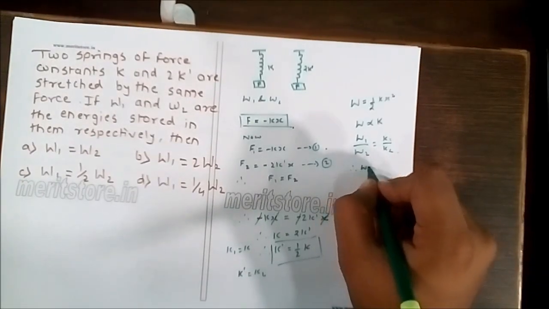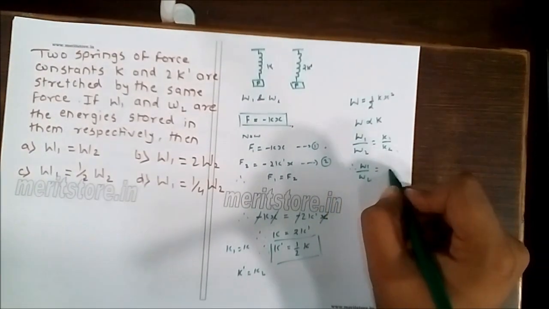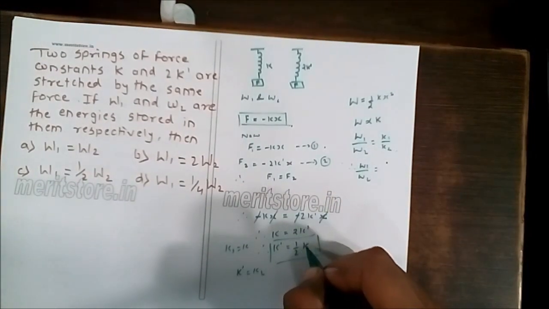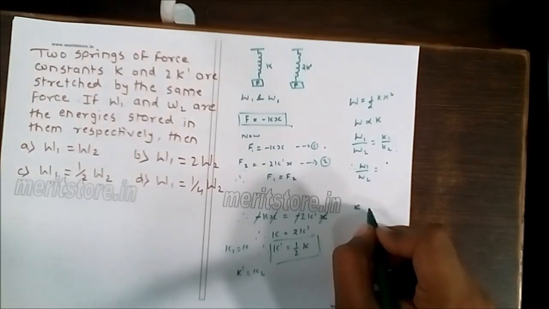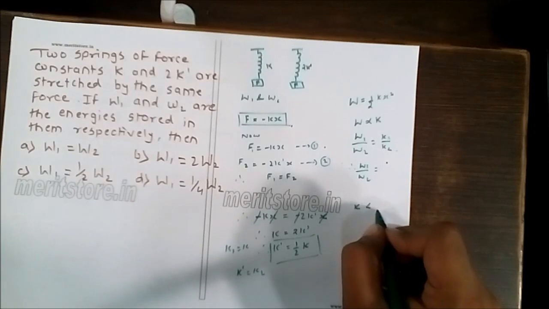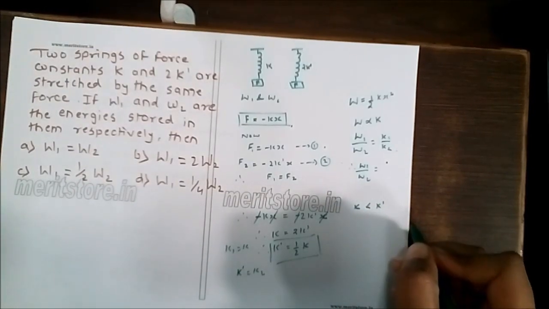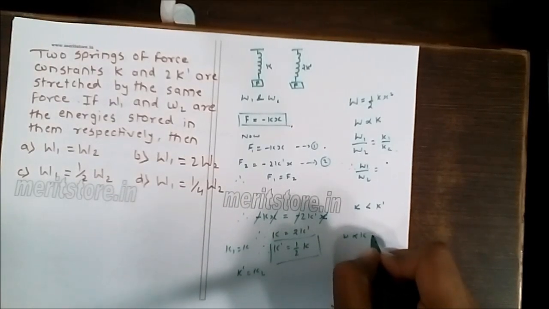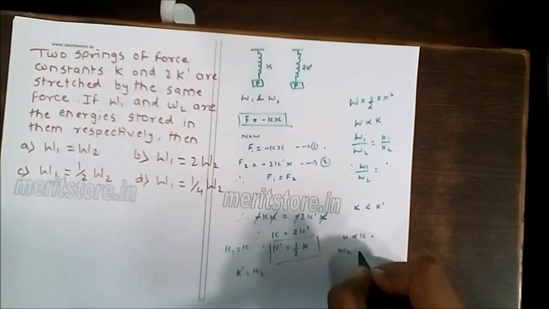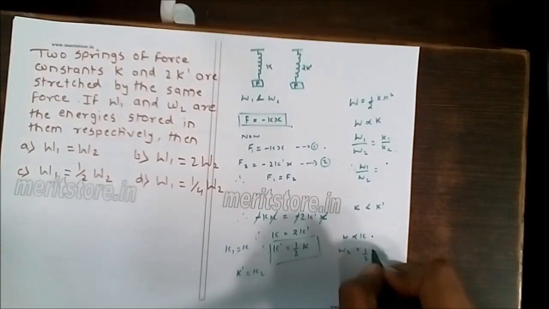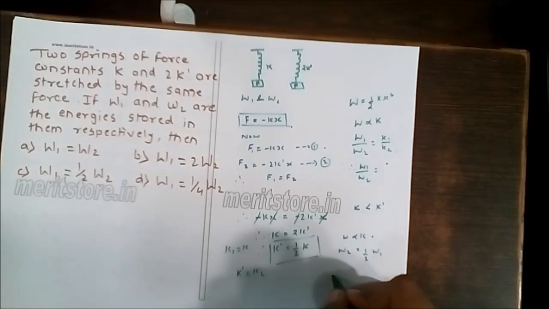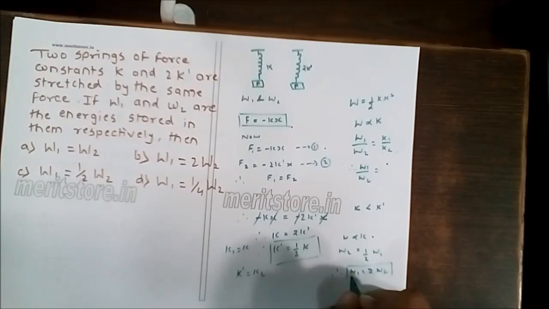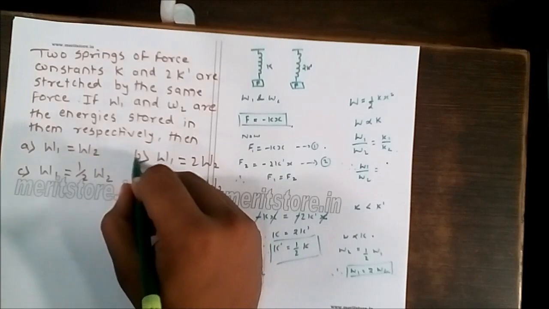So therefore, you see, K dash is half of K and W is directly proportional to K. That means W2 is equal to half of W1. Therefore W1 is equal to 2 into W2. Option B.